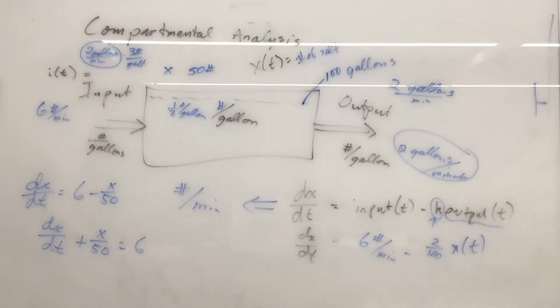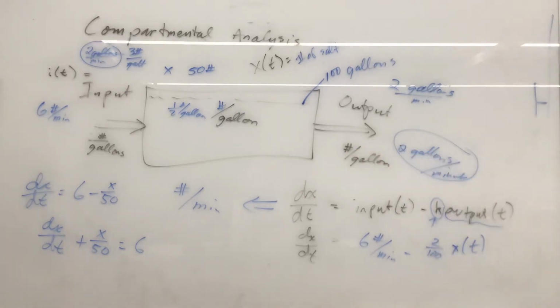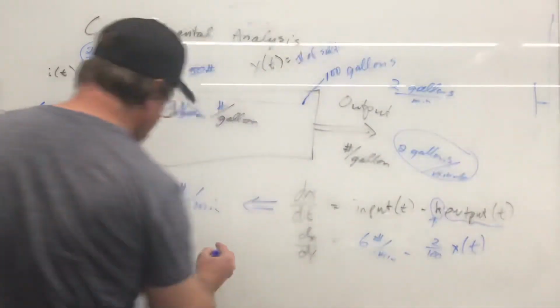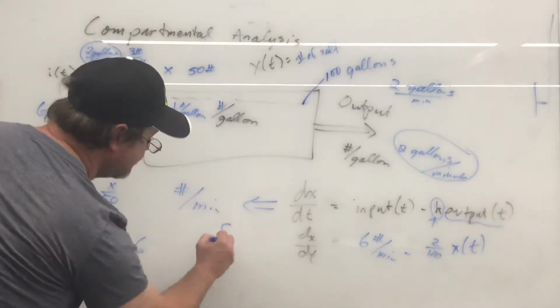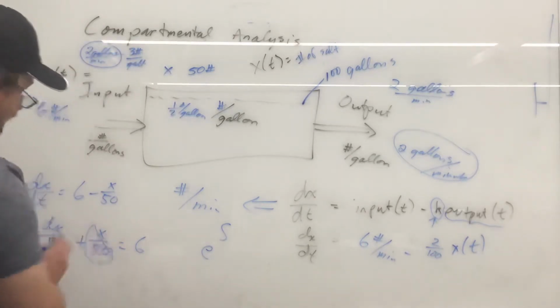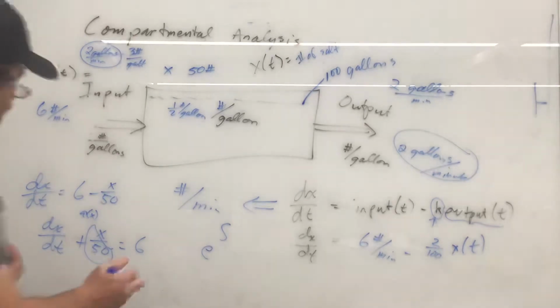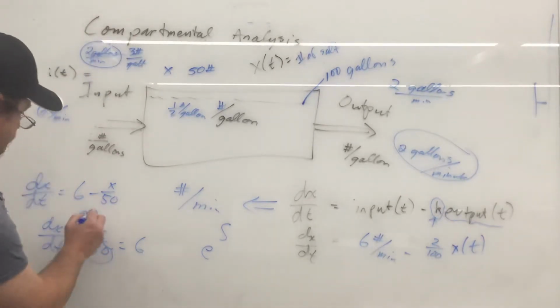If you remember when we did integrating factors before, and I know it's been a long time, but back in section 2.1 or 2.2, we talked about this and we said what we need is an integrating factor that comes from e to the integral of this fraction. This is whatever a of x is, where a of x is the thing that's multiplied by x, okay? It's a of t in this case, I'm sorry.